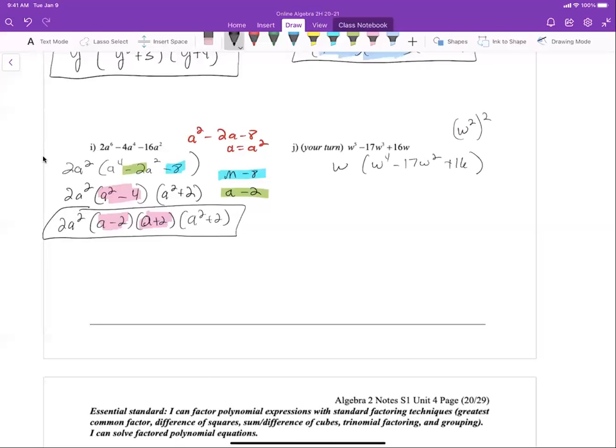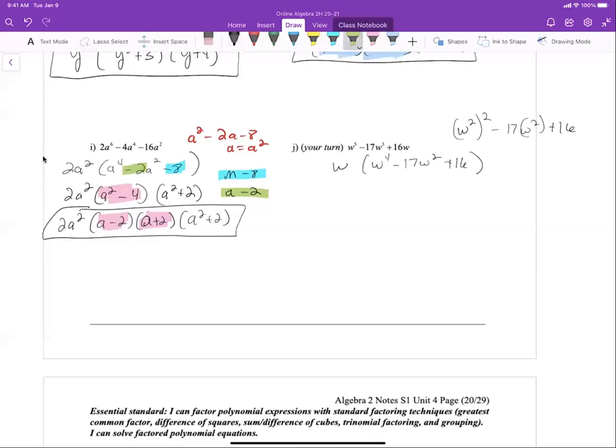So you can look at it as W squared squared minus 17W squared plus 16, and we will factor it just like we would any quadratic, with the same type of approach.